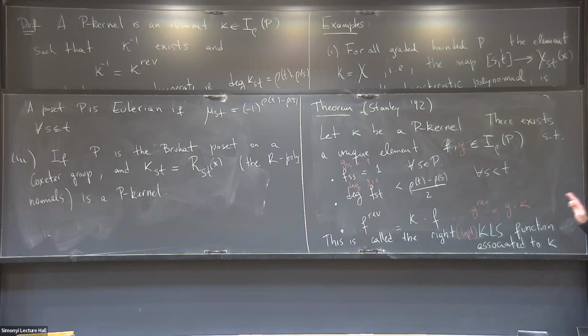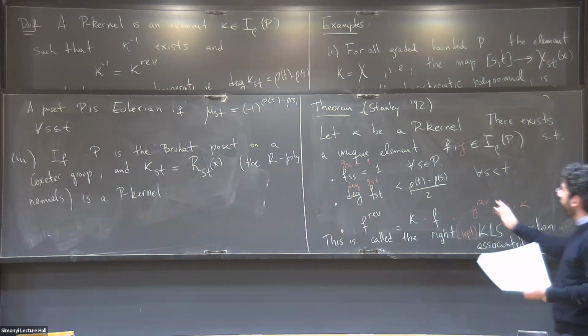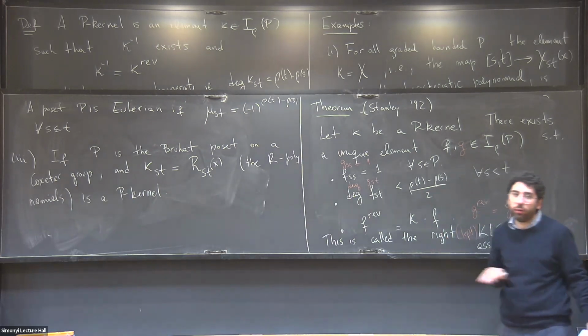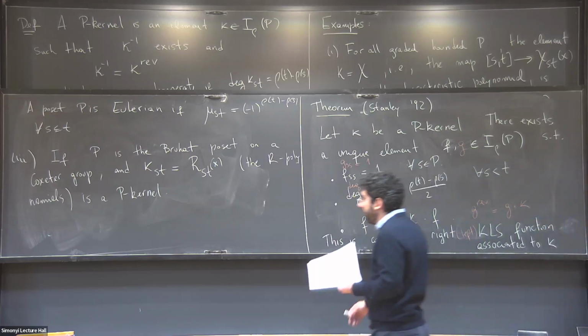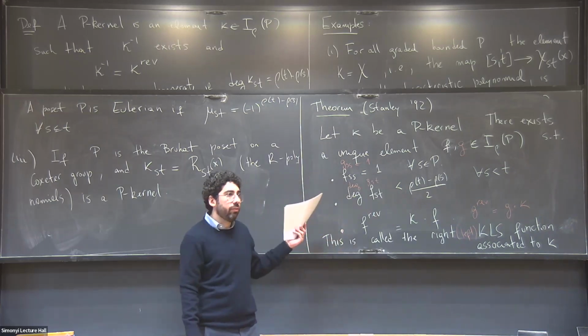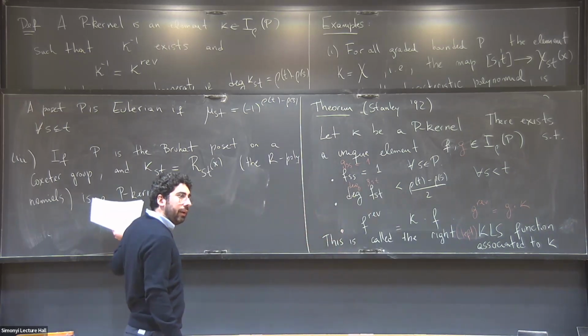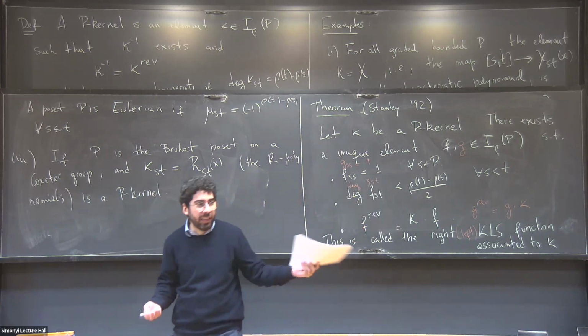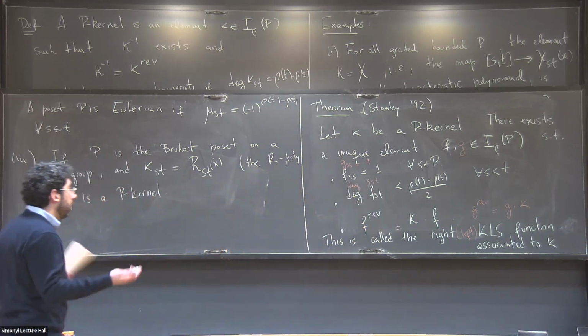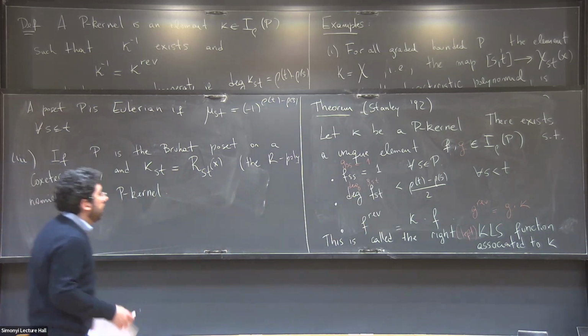But the point here is that you give me kappa, if it's a kernel, then I can construct f and g, and they satisfy these degree bounds and this recursion, f rev equals kappa f and g rev equals g kappa. So this is the theorem by Stanley. Now I will tell you very briefly for the three examples of kernels that I have told you what f and g are. That will explain a lot about the main Kazhdan Lusztig Stanley.